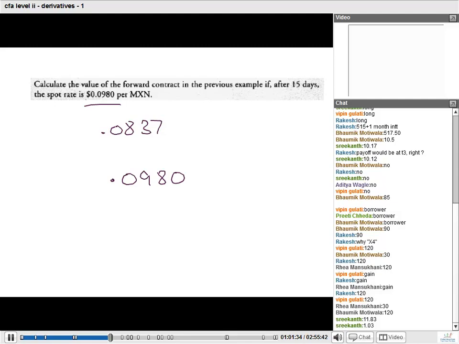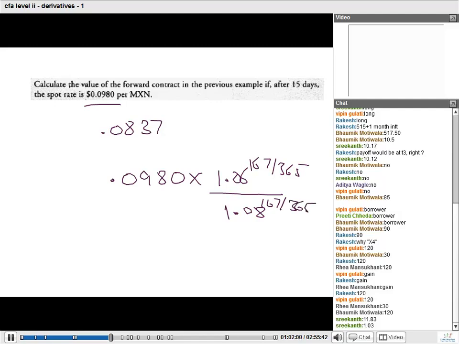It will be the spot rate into 1.06 raised to the power, now 15 days have passed, so it will just be 167 days remaining upon 365. Assuming the interest rates haven't changed, the question doesn't mention that, but if the new rates have also changed, then please use the new rates into 167 upon 365.